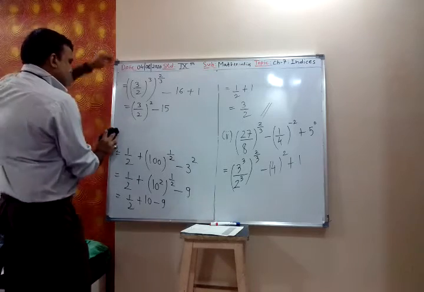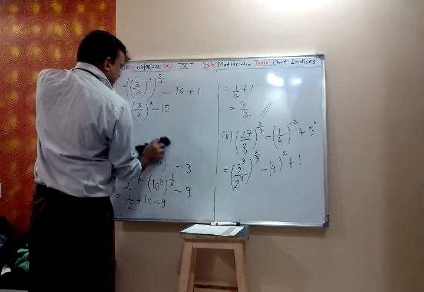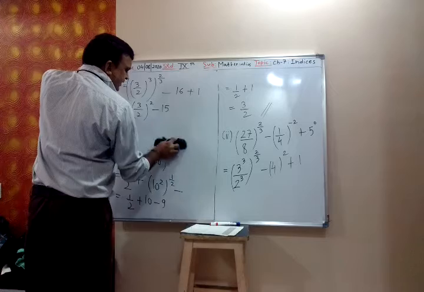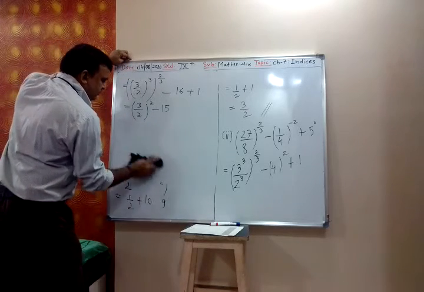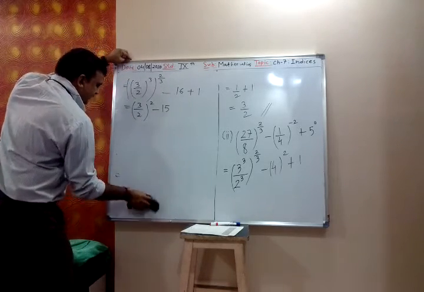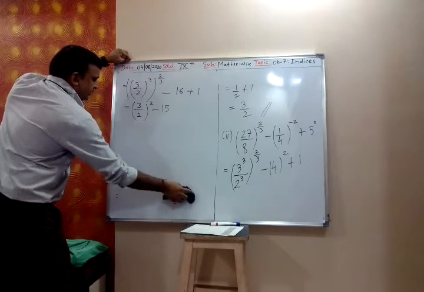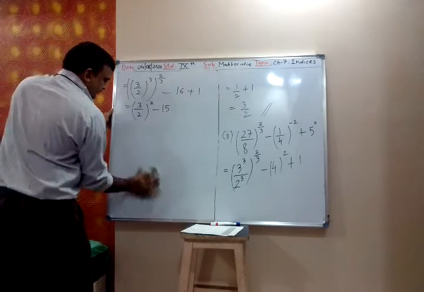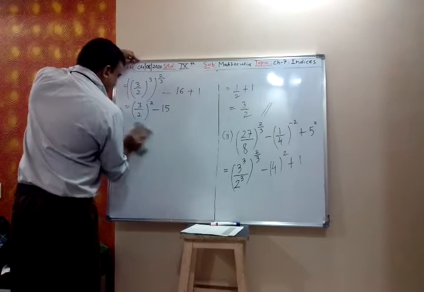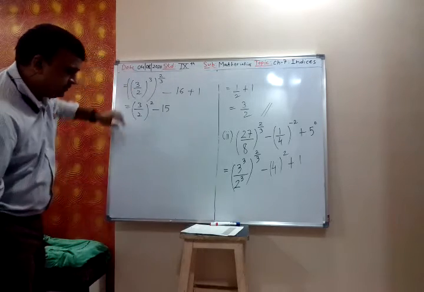Simplify that. 3 by 2 squared is 9 upon 4, 3 raised to 2 upon 2 raised to 2. So 9 upon 4 minus 15.